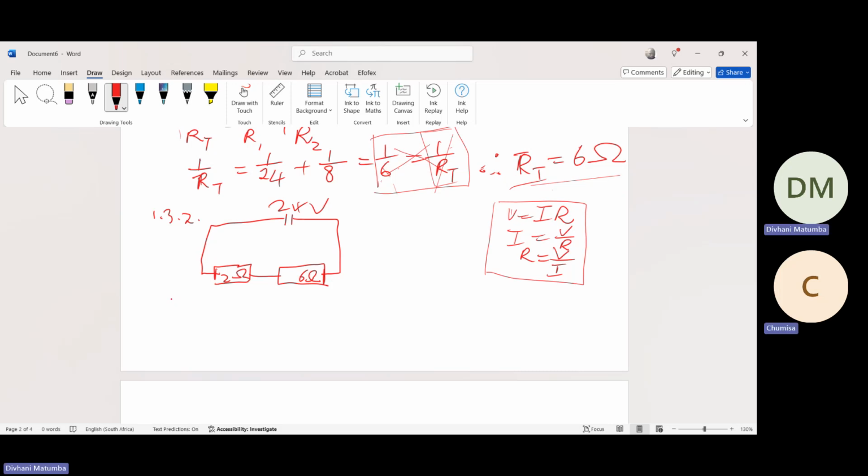The total resistance in series is what? Because that's what they're looking for. Tumisa, what is it? R1 plus R2, that's it.